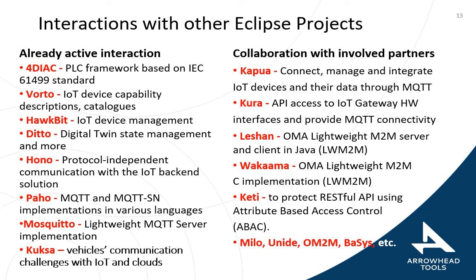And on the right-hand side, we have collaboration with involved partners, in the Arrowhead consortia we have partners that have worked with or are developing Eclipse Milo, Unide, OM2M, and a lot of others. So we are really expanding our collaboration with Eclipse projects.